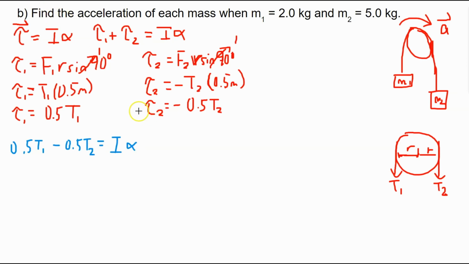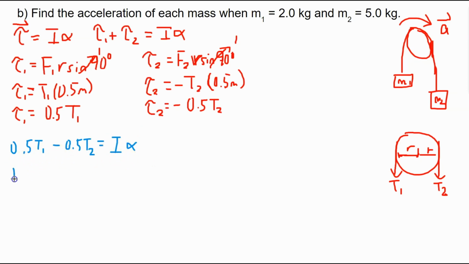Now we have to determine the quantity of these tensions, or rather, we have to express the tension forces in quantities that we actually know. How do we do that? Well, remember those free body diagrams we made? We're going to use those. So we're going to do this process for both of the masses, and we're going to essentially use Newton's second law.